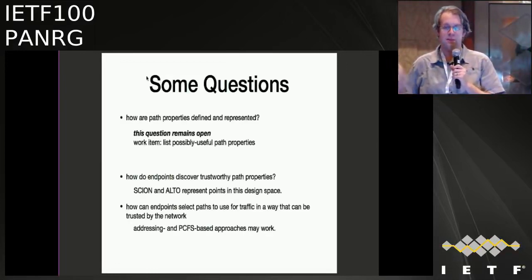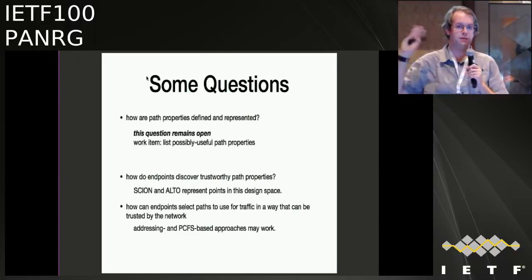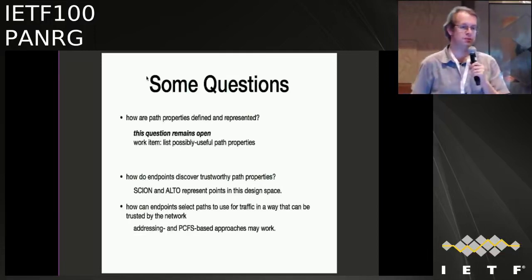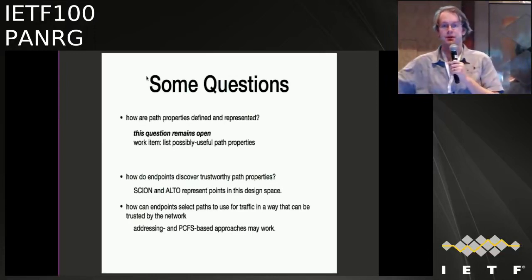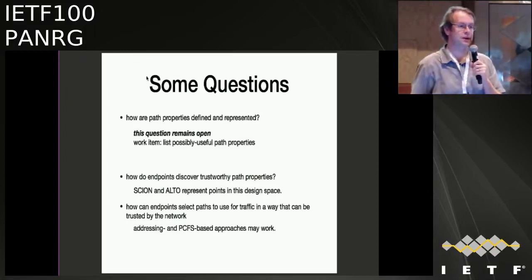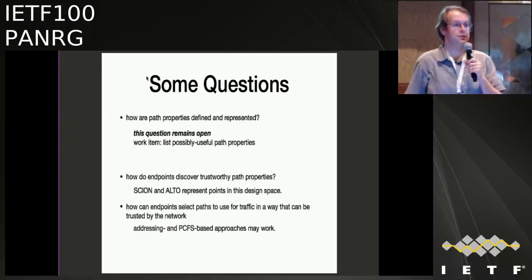It seems to me that all of the work coming from the IETF side has, I don't want to say arbitrary, but they've gone for the most obvious way to represent those properties for their use case. And it's not clear to me that in a fully path-aware network that's the best way to do it. ALTO is focused on a particular application space. PVD is focused on a particular application space. All of them are built in such a way that a common vocabulary could be built into them.